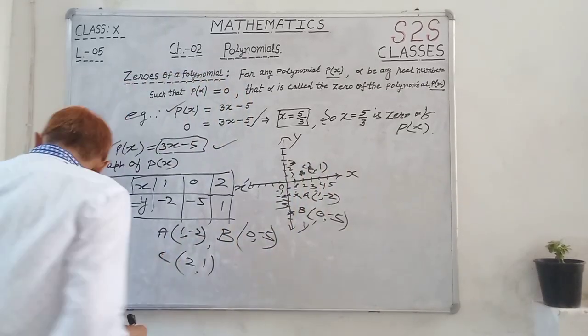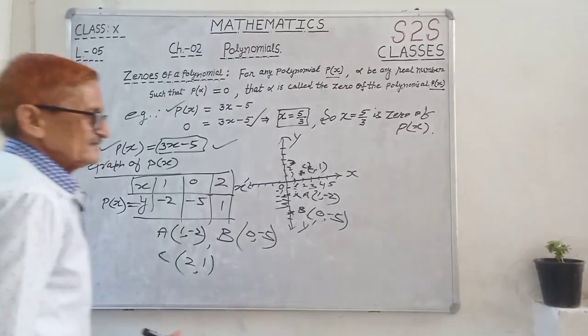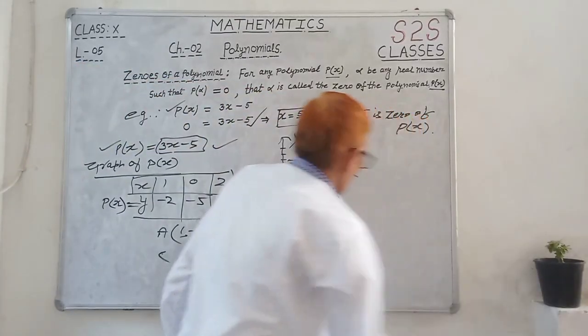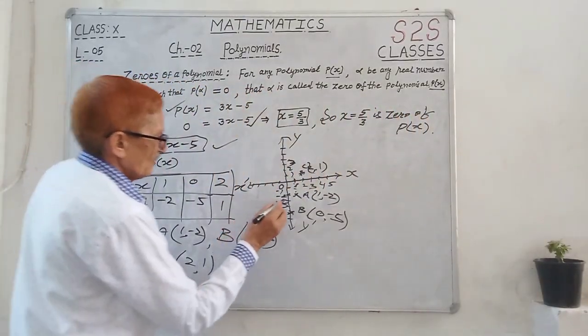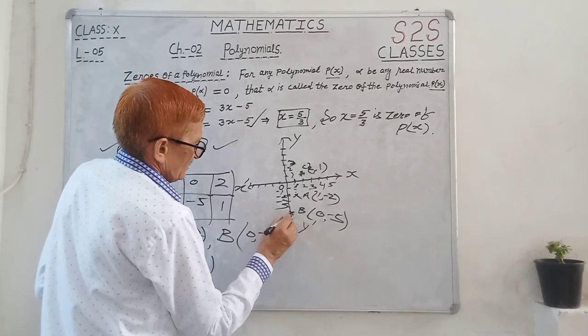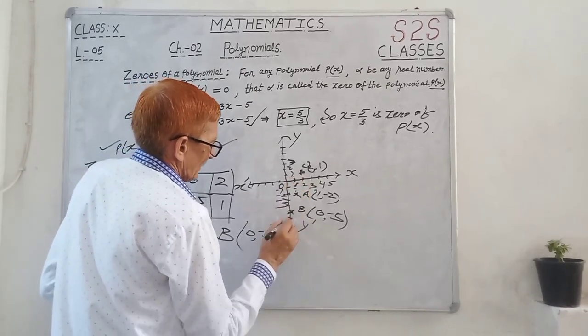After that, you can join all these points which you marked, A, B, C. You will observe that all 3 points will be in a straight line.